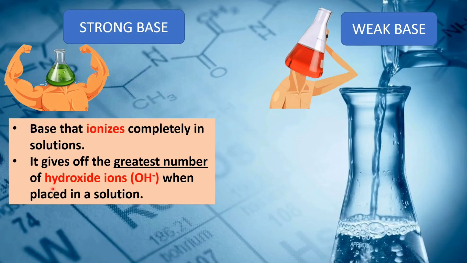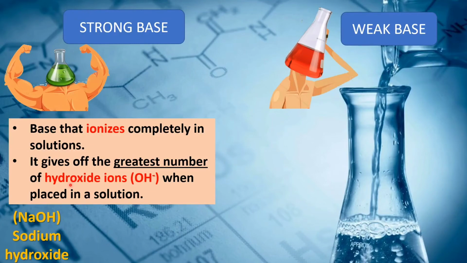Now here the difference is, in acid we had hydrogen ions, but in base we are going to have hydroxide ions coming out. So this dissociation will be of hydroxide ion. This strong base is going to give more hydroxide ions when it is placed in a solution. An example is sodium hydroxide.